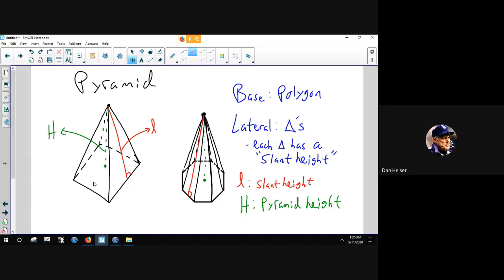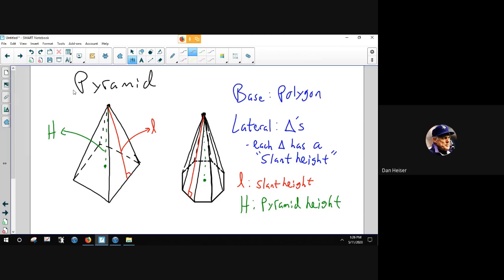You see the vertical height here, capital H, that is the distance from this vertex straight down to the center of the base. It's that point straight down to the middle of the floor. That is what we use for capital H, and we will need that later when we talk about volume.